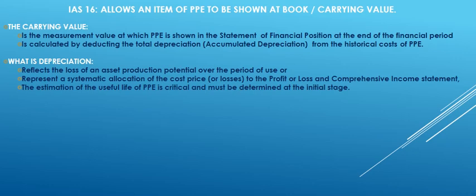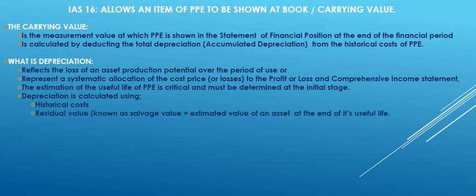The estimation of the useful life of PPE is critical and must be determined at the initial stage. The depreciation will then be calculated using the historical costs of PPE, the residual value known as the salvage value, which is the estimated value of an asset at the end of its useful life.